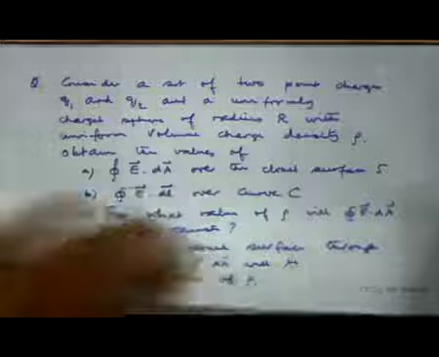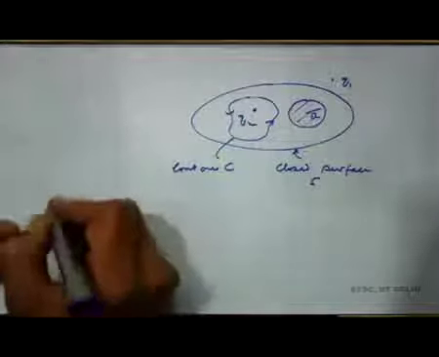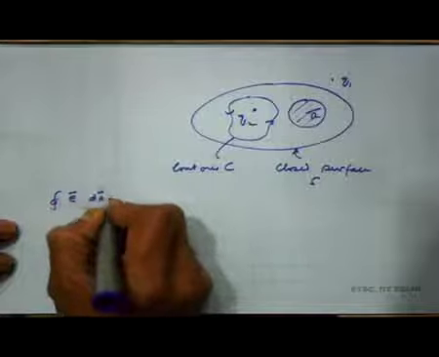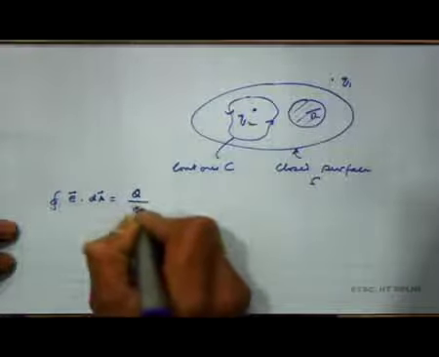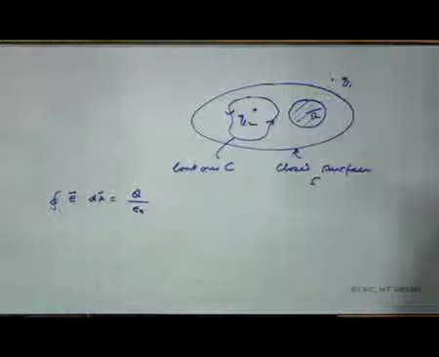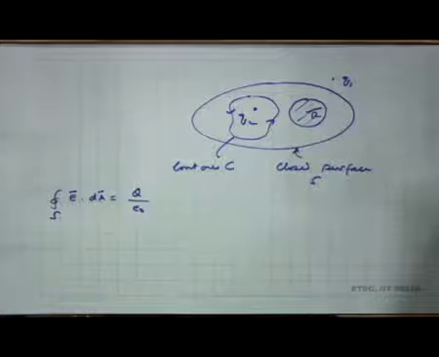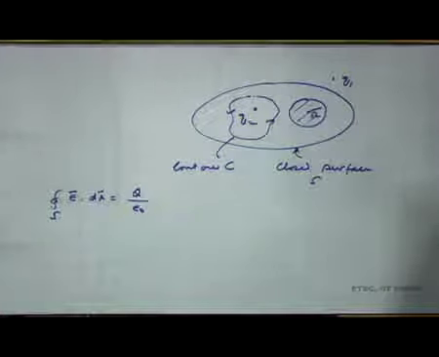We know from Gauss's law that integral E dot dA is equal to charge enclosed by epsilon 0.